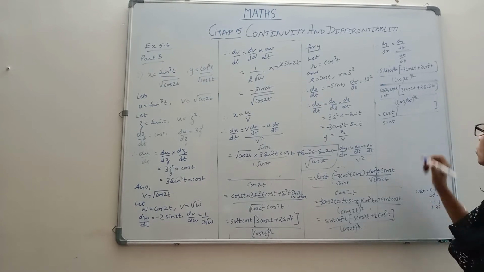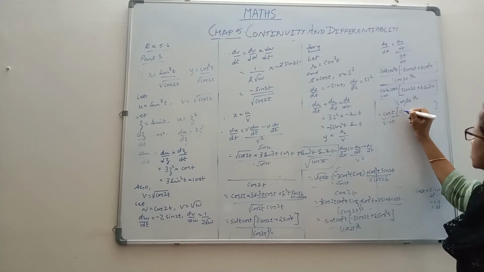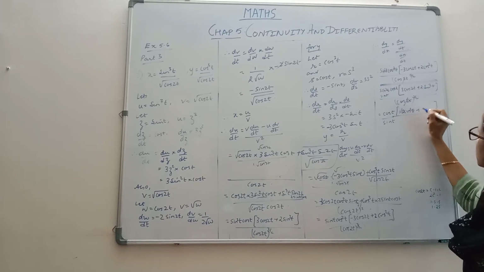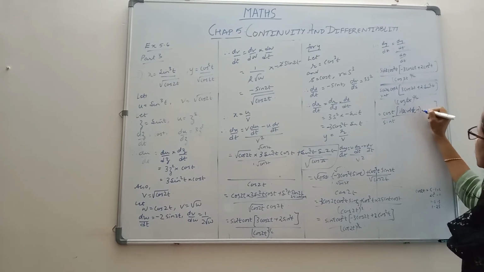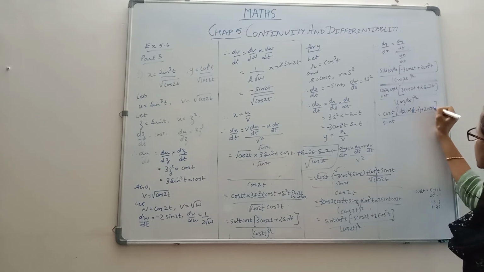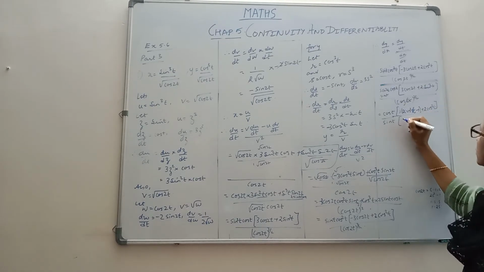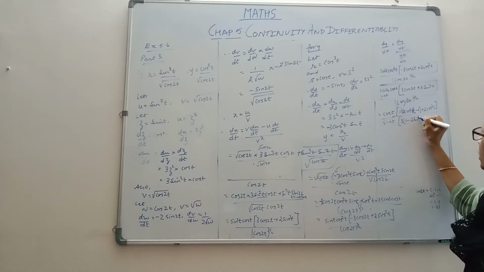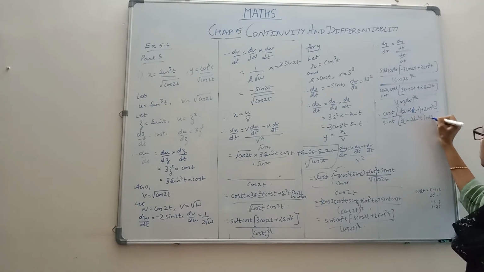So it is 3 times 2 cos squared t minus 1 plus 2 cos squared t, and here it is 3 times 1 minus 2 sin squared t plus 2 sin squared t.